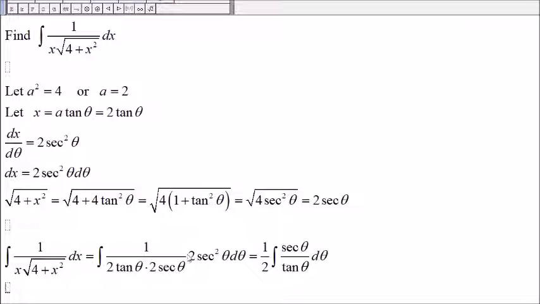Here we have 1 times 2, and then on the bottom we have 2 times 2, which is 4. So we have 2 over 4, which is 1/2. Secant squared divided by secant is secant, and then we have tangent of theta.